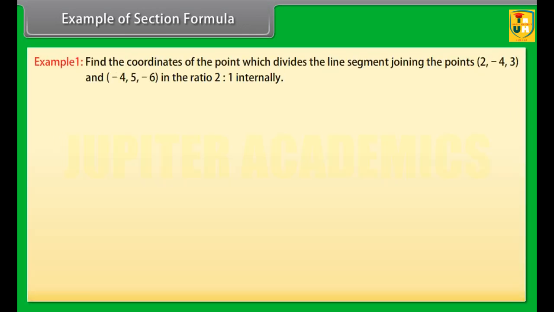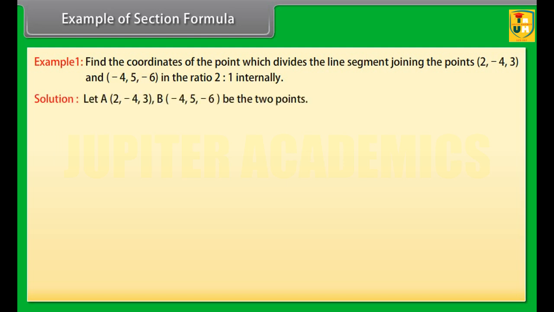Example of section formula. Find the coordinates of the point which divides the line segment joining the points (2, -4, 3) and (-4, 5, -6) in the ratio 2:1 internally. Solution.